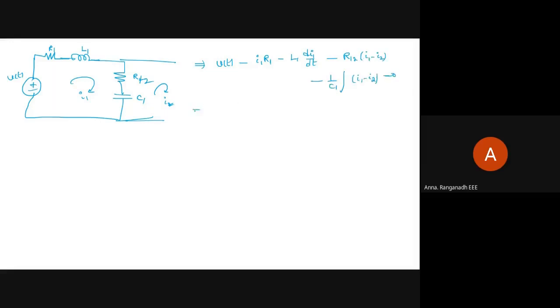So from this I can write V of t equals I1 R1 plus L1 di1 by dt plus R12 into (I1 minus I2) plus 1 by C integral (I1 minus I2). This is equation number 3. Let us take it as 3.